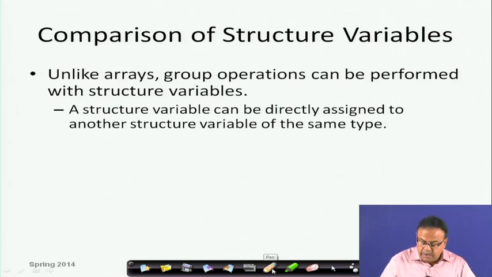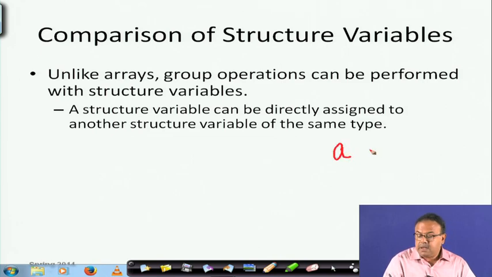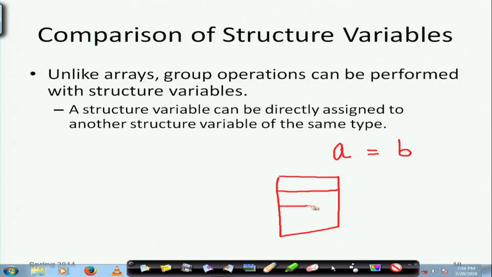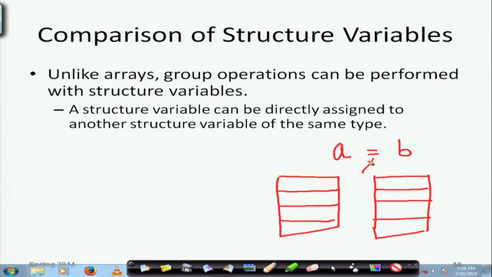For example, if A is a structure, then I can assign another structure B to it directly. Here is one structure, here is another structure. Now, if I do this assignment, then this will be copied here, this will be copied here, this will be copied here, this will be copied here.